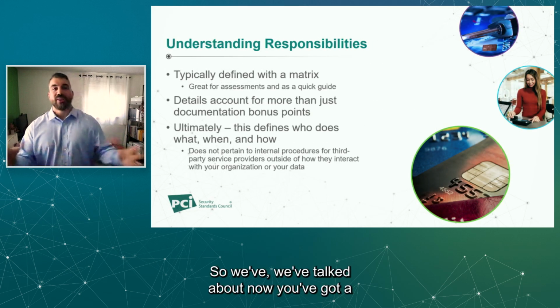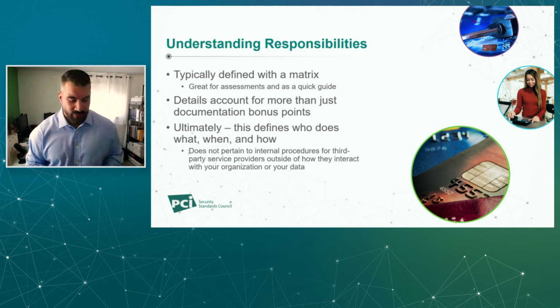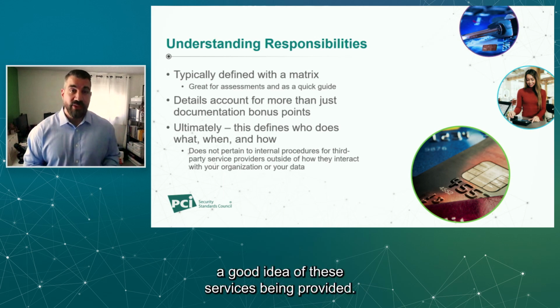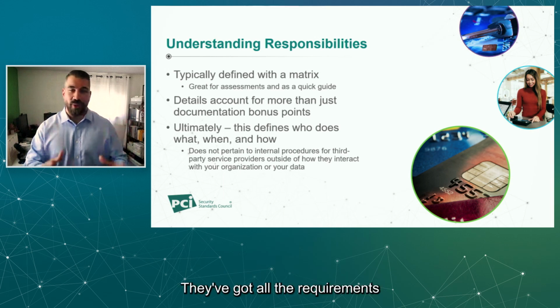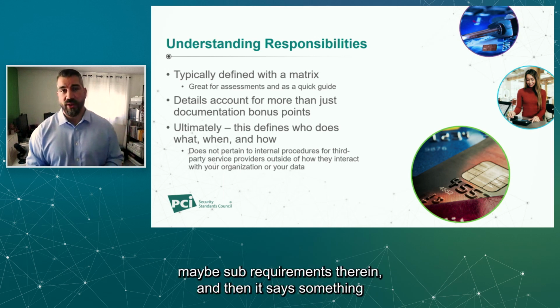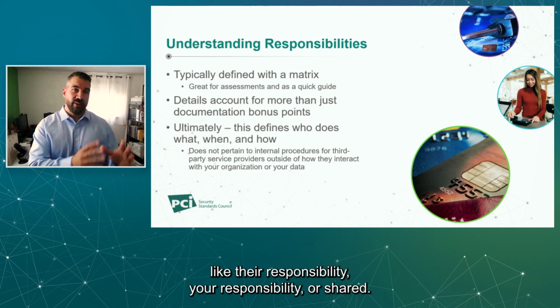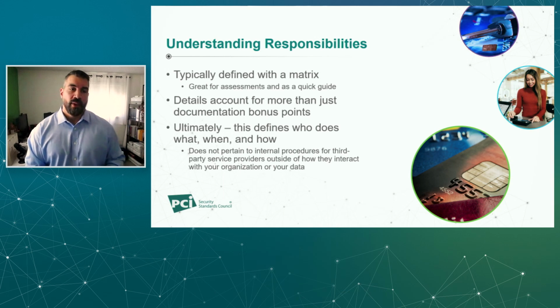So we've talked about, now you've got a good idea of these services being provided. This is almost always documented within a matrix. They've got all the requirements, maybe sub-requirements therein, and then it says something like, their responsibility, your responsibility, or shared.